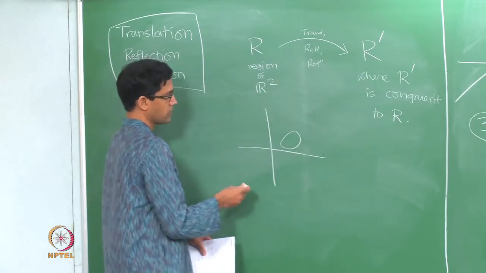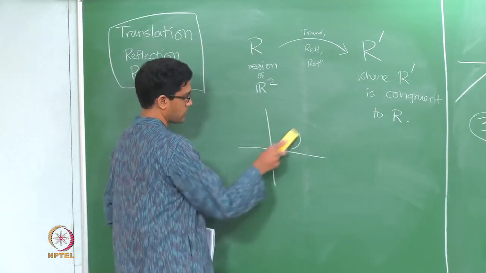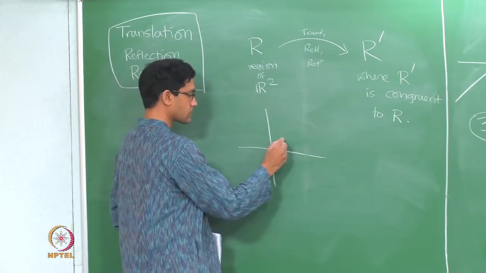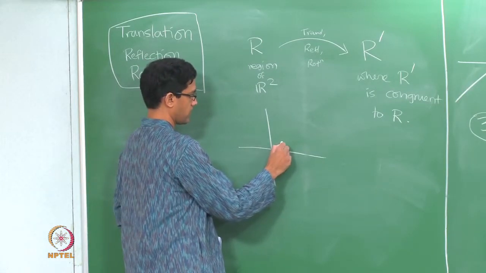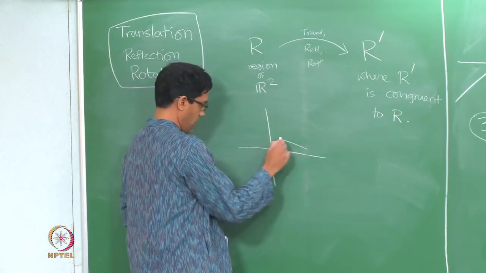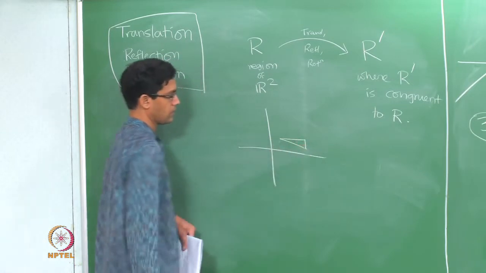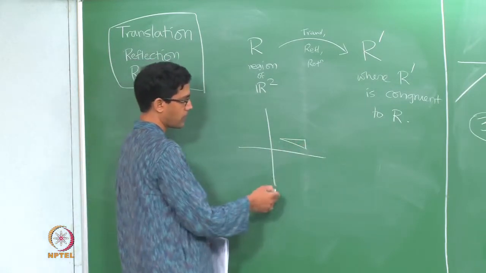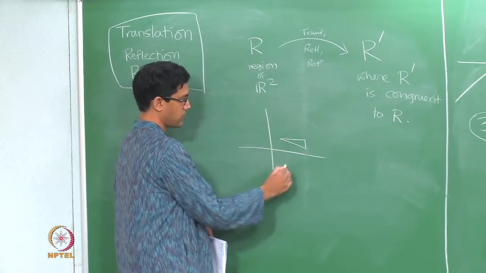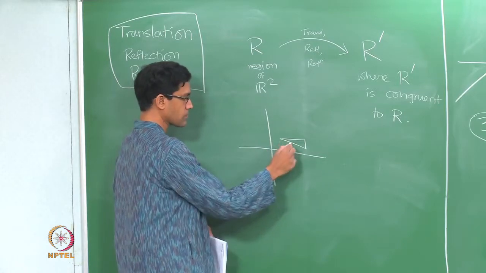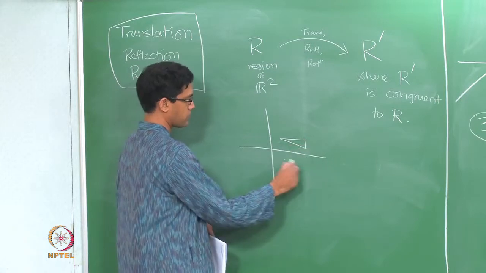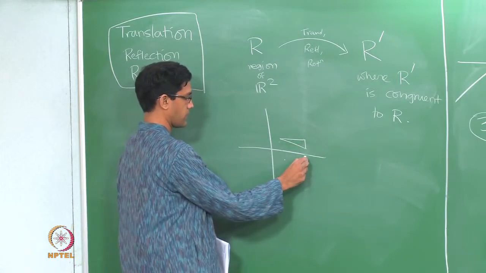A reflection, well, in order to make these two things coincide, let us say I have a figure like this, say that is my region R, and if I look at what happens to it under the reflection, this point and this point will map to a point here and a point there.